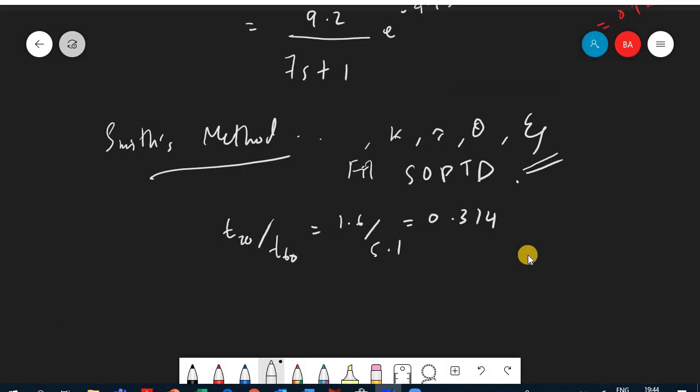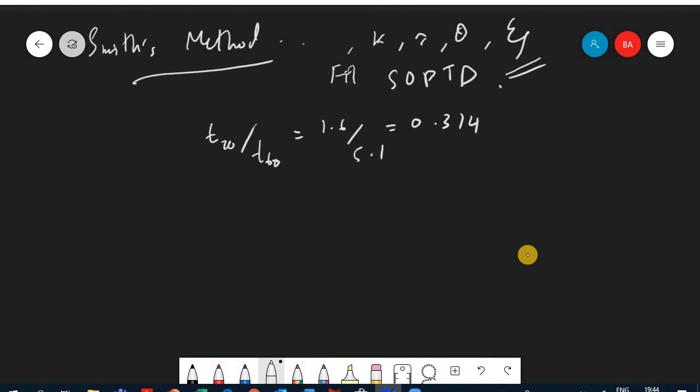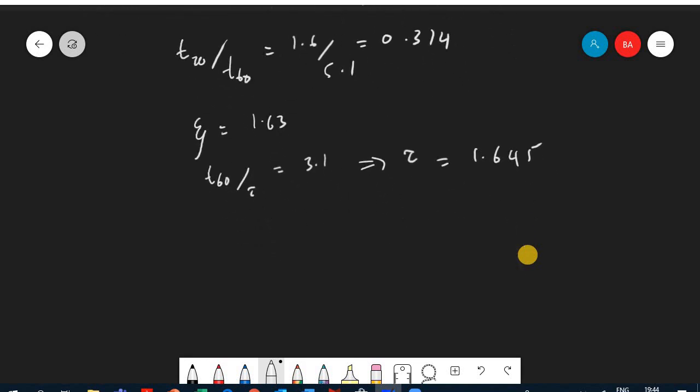So in this case, what do I have? I have my value of xi, which was 1.63, and I had T60 over tau, which was equal to 3.1, where I can identify the tau to be 1.645. And having the value of tau, what else do I have to find?